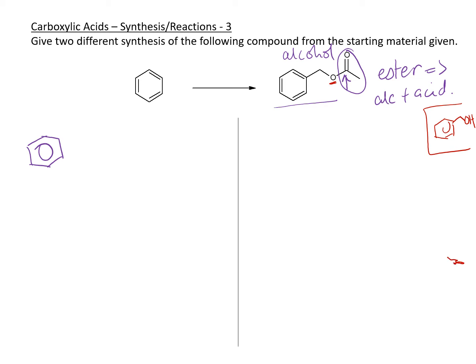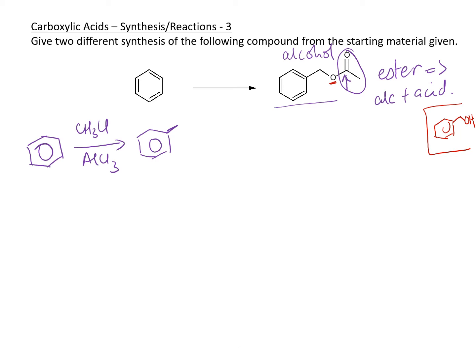So I need to find a way to add a carbon to the benzene ring. The easiest way to add a carbon to a benzene ring is, of course, Friedel-Crafts, so we can go ahead and do that first. CH3Cl, AlCl3, and then we add a carbon. Once we have the carbon, now we need to add an OH to that carbon, and to add an alcohol to a carbon, you need some sort of a leaving group on there.